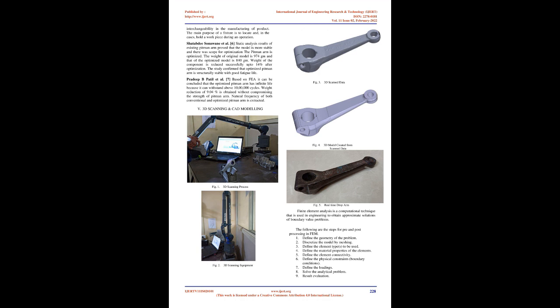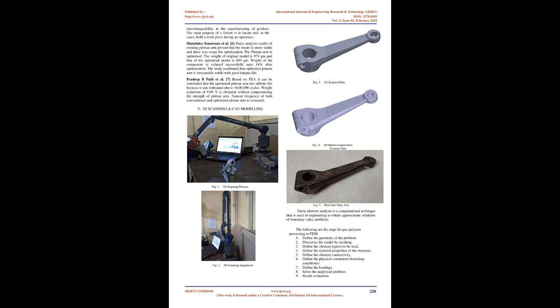Shatabdi Sonawane et al. [6]: static analysis results of the existing pitman arm proved that the model is more stable and there was scope for optimization. The pitman arm is optimized. The weight of the original model is 974 gm and that of the optimized model is 840 gm. Weight of the component is reduced successfully up to 14% after optimization.